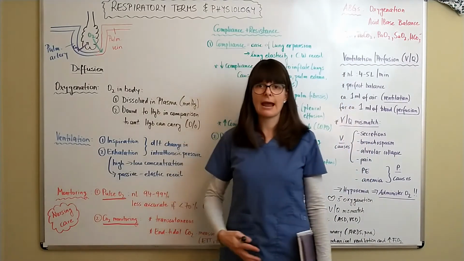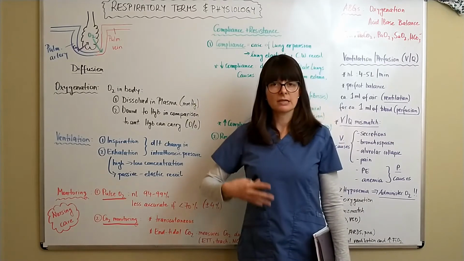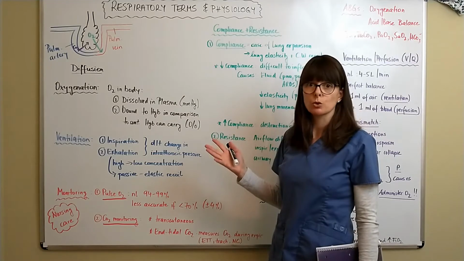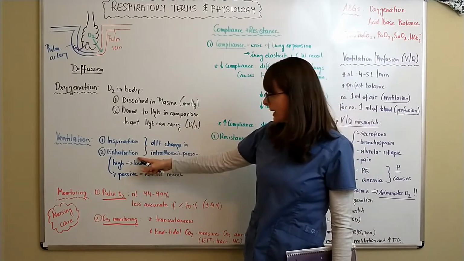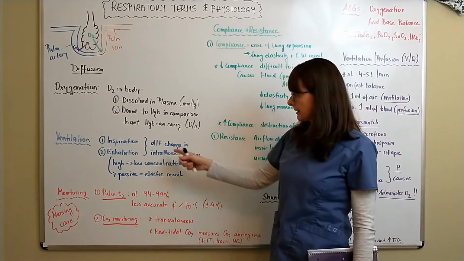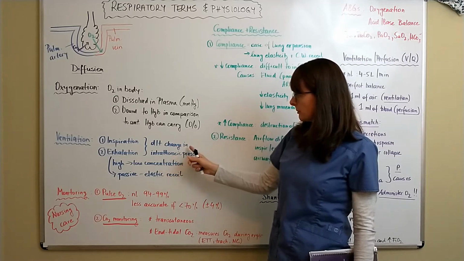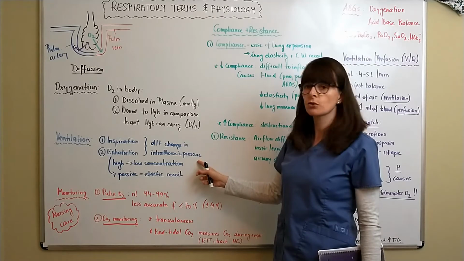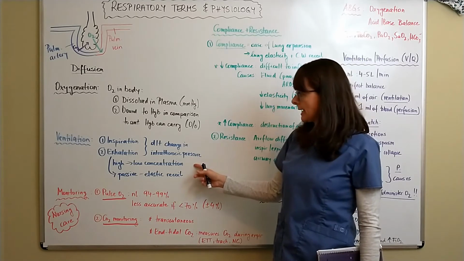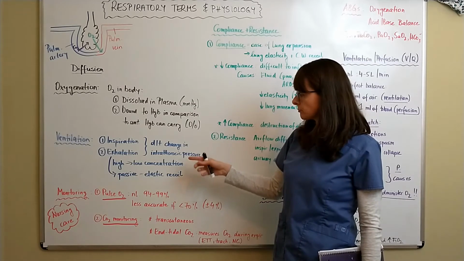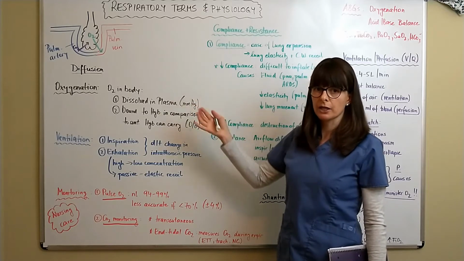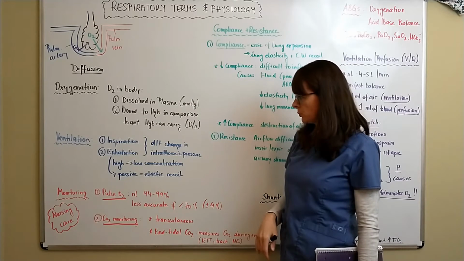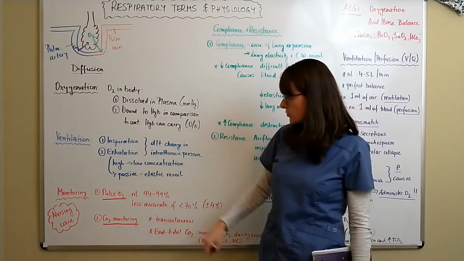Ventilation is the actual process of air moving in and out of the lungs, and that has two parts: inspiration and exhalation. Ventilation happens because of the change in the intrathoracic pressure. Again, the pressure in the atmosphere is higher than in the chest cavity, and so oxygen will diffuse in from a high to a low concentration.